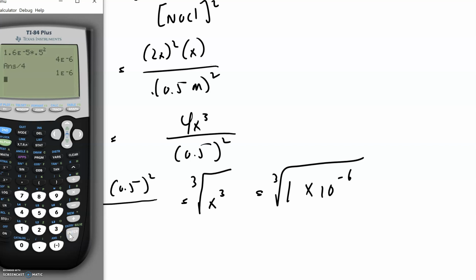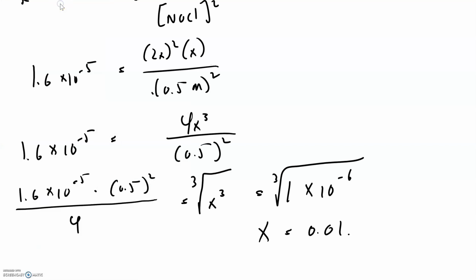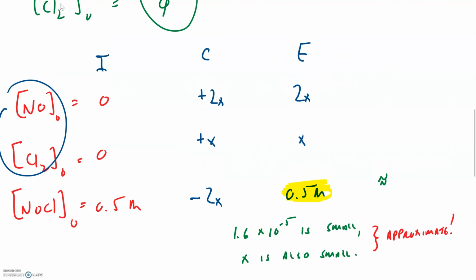Now, to extract the cube root, we're going to go up to math. I'm going to tell the calculator to take the cube root of that answer, 1 times 10 to the negative 6. And here is our answer, ladies and gentlemen. So x equals 0.01.